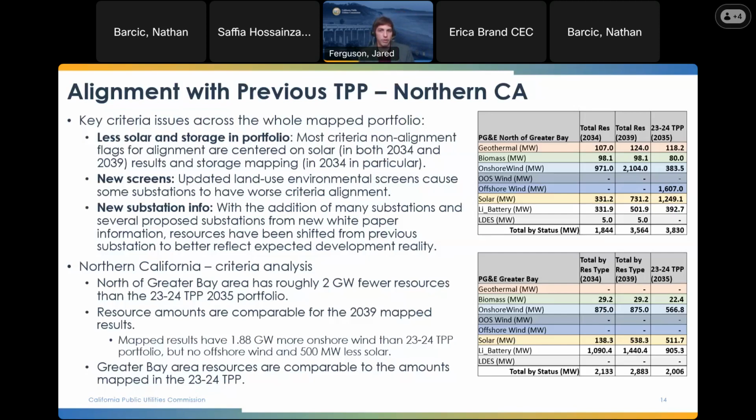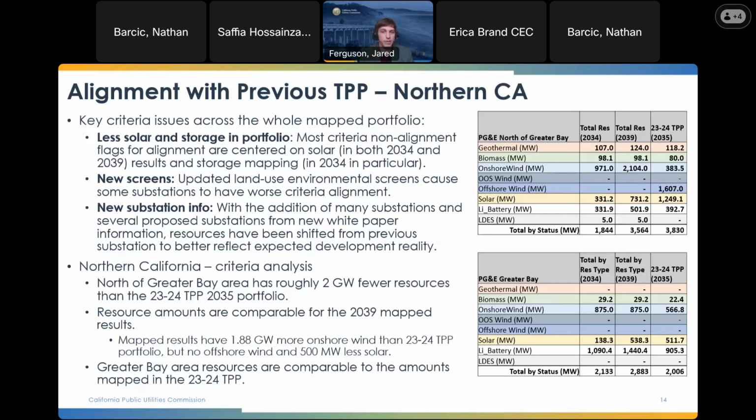So now I'm going to go through a few of the key areas where we have some of the differences. In Northern California, in 2034, you see the pronounced difference. We have about half as many resources in 2034 as the previous TPP portfolio. That's driven by both not having offshore wind mapped to the North Coast and also about 1 gigawatt less solar.